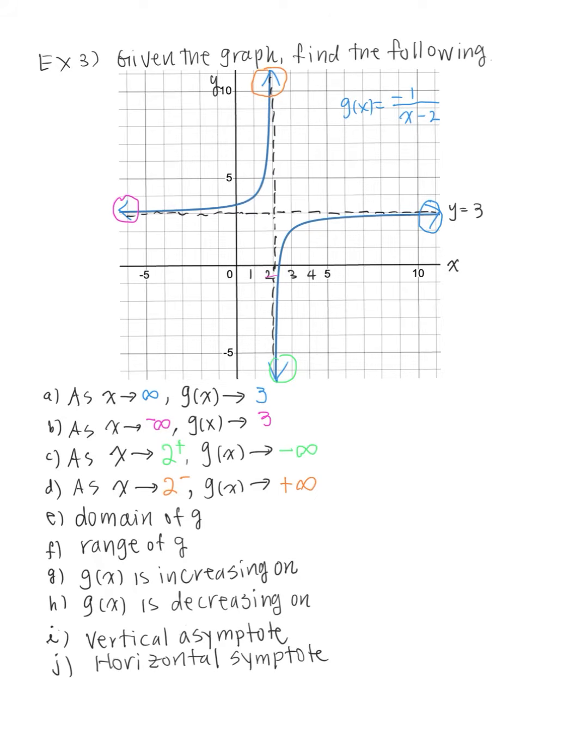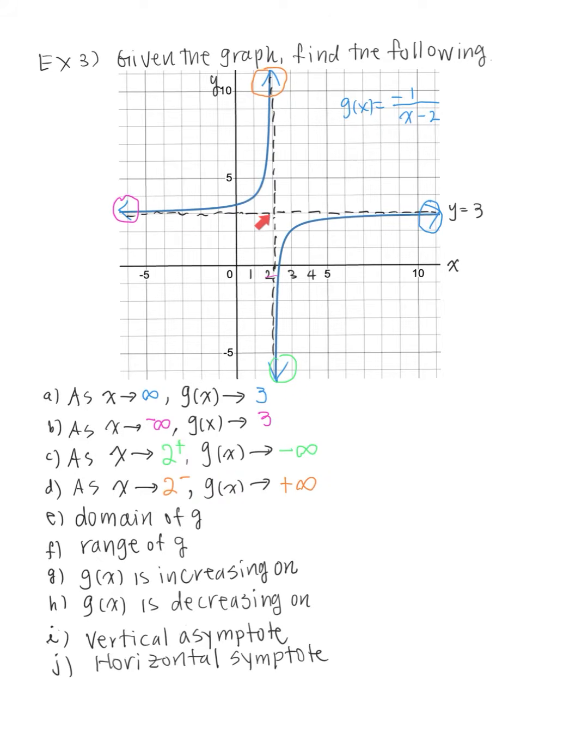Now let's find the domain of g. The domain of g is all the x values where the function g is defined. Let's take a look. First of all, we have two pieces of graphs, right? I believe that this graph is defined from negative infinity all the way up to, we're not looking at the y value, we're looking at the x value.